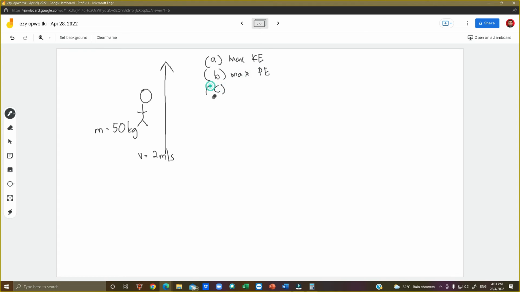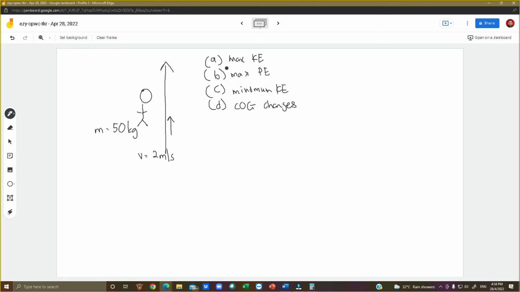C, what is the performer's minimum kinetic energy? And finally, what is the change of COG of the performer? Basically, this is the change of height, how high it jumps.